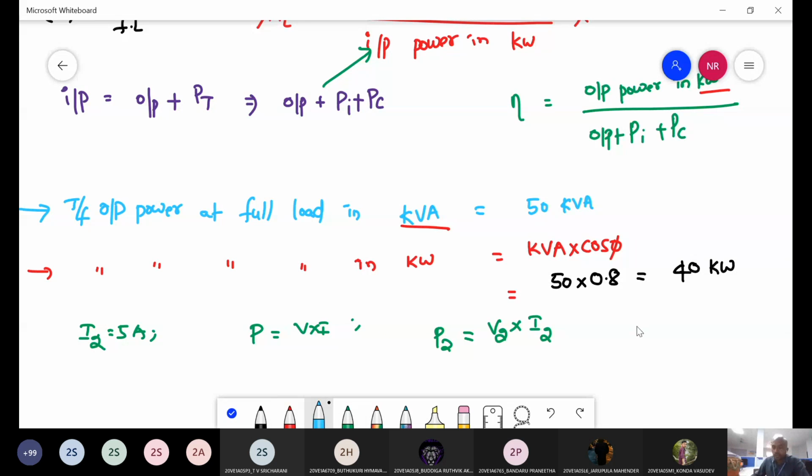Then I2 is P2 by V2. P is how much given? 50 kVA, 50 into 10 to the power 3. Voltage V2 is how much given? 10,000. Calculate it.